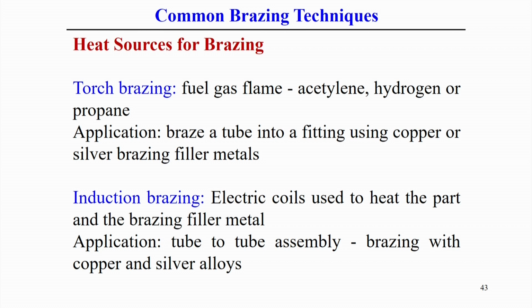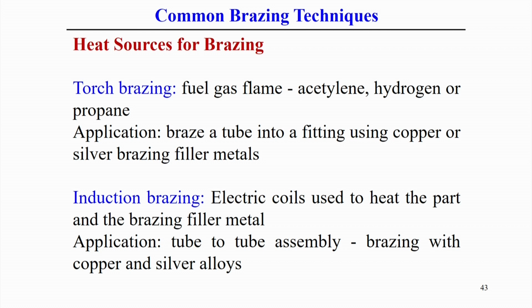Induction brazing is another kind of technique, where we generally use electric coils to heat the part as well as the brazing filler material. In this case, for a tube to tube assembly, brazing can be done with copper and silver alloy between the two tubes to join them.